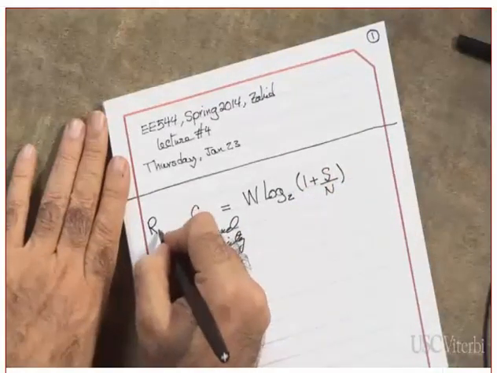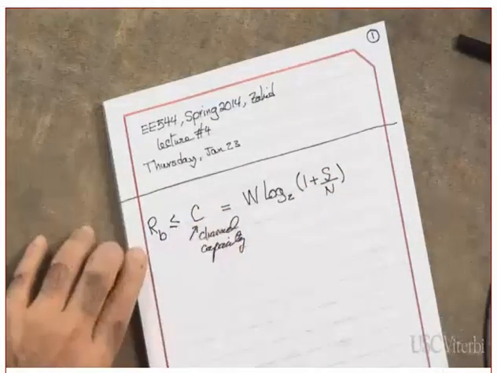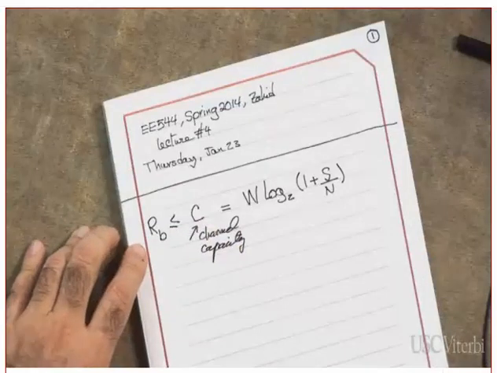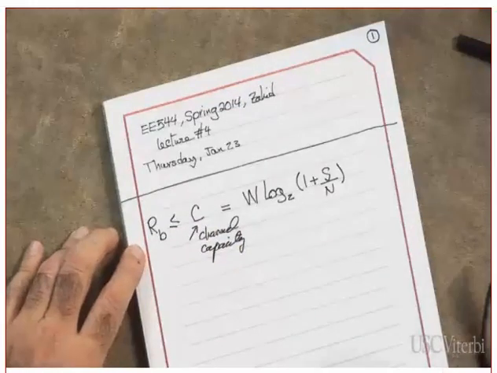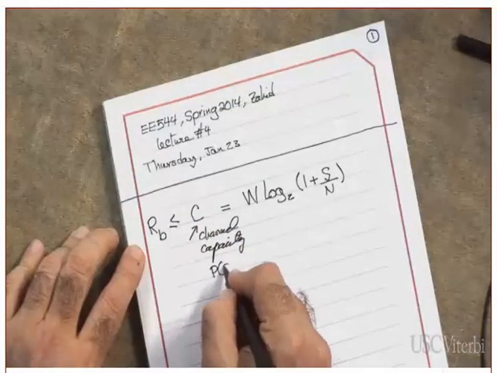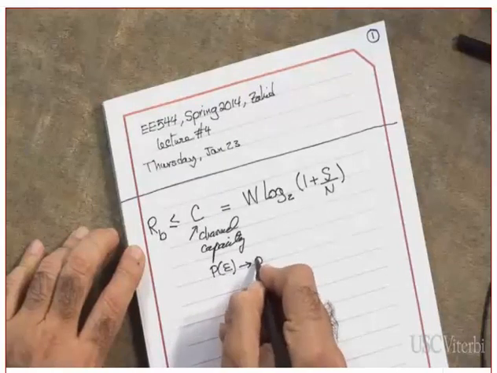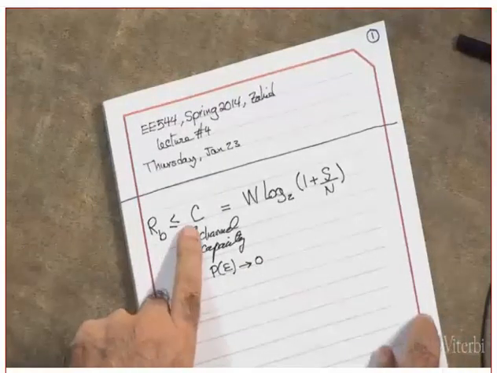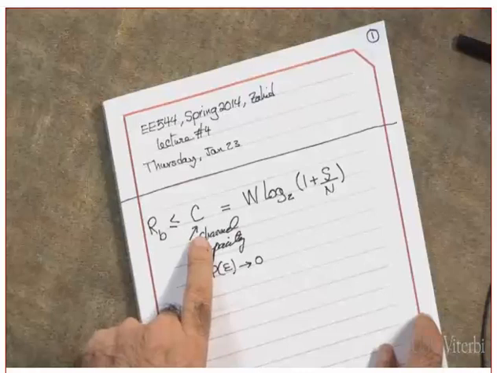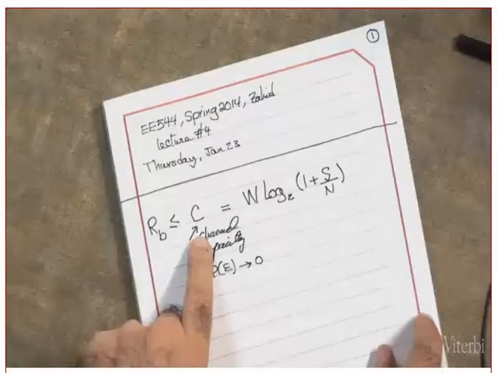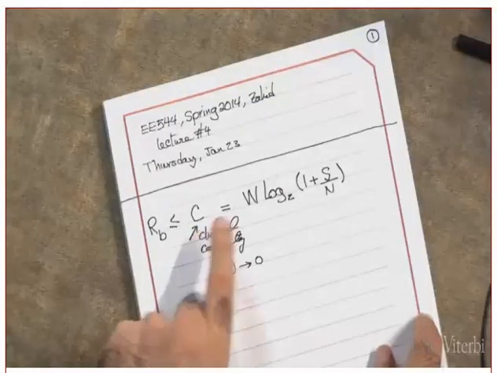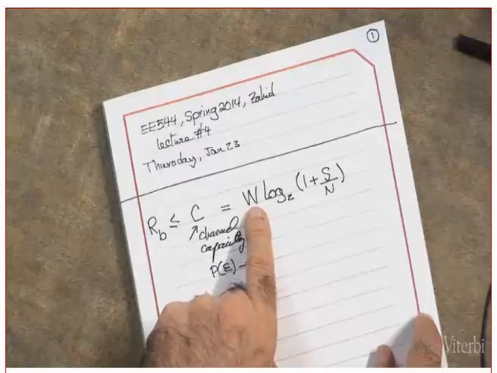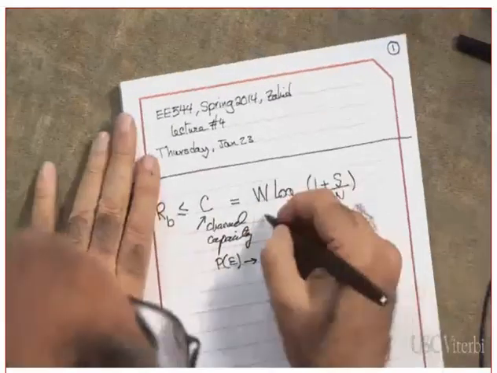He says you can transmit at any rate reliably, with probability of error approaching 0, as long as you don't exceed the channel capacity. And what does the channel capacity depend on? It depends on the bandwidth. W is the channel bandwidth.